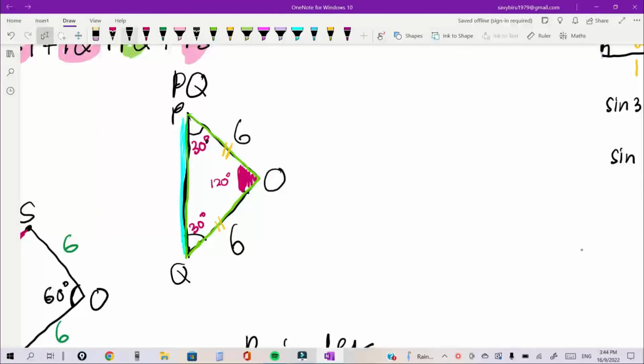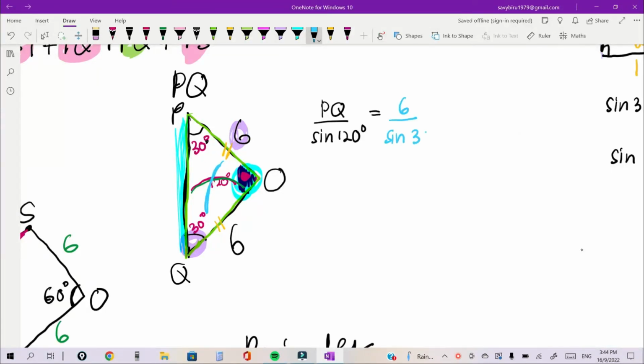We take PQ over sine 120, and then you can take 6 over sine 30. So we can cross multiply.